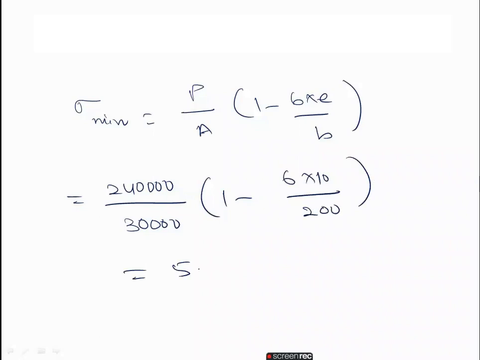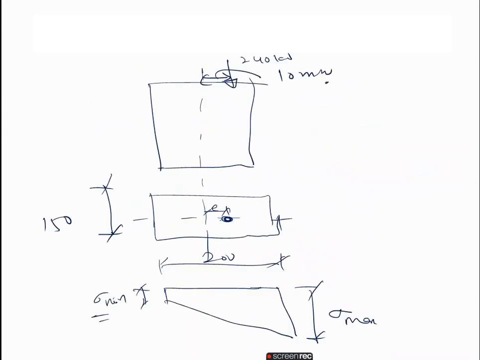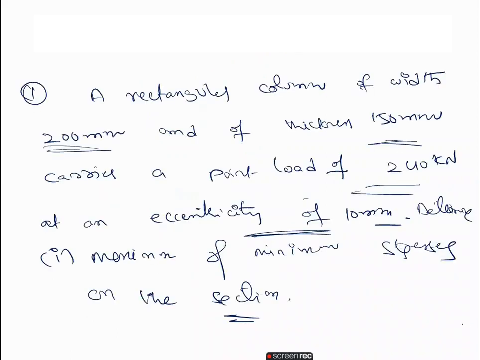You will get the answer 5.6 Newton per mm square. Then we are finished. Write here 5.6 and 10.4 Newton per mm square. This is the easy formula.